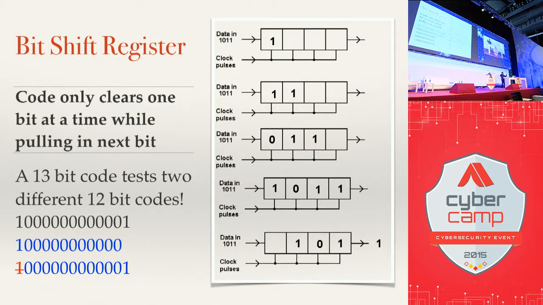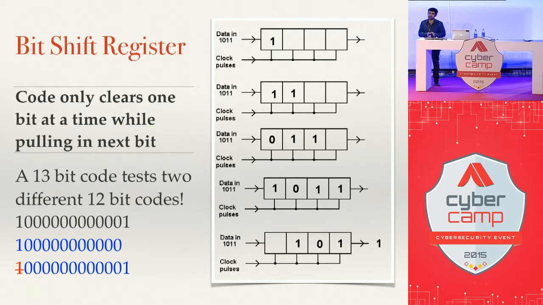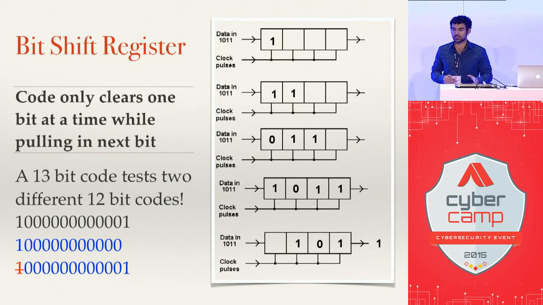If it's incorrect, instead of removing all 12 bits and then taking in the next 12, it only shifts by 1 bit. So I can send 13 bits and actually test two 12-bit codes. So I've just tested 24 bits by only sending 13 bits.